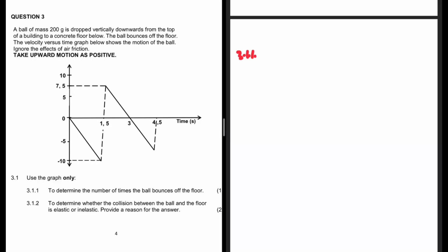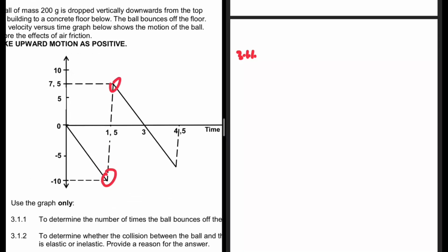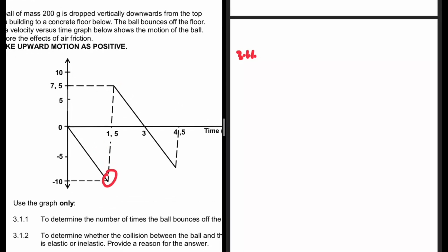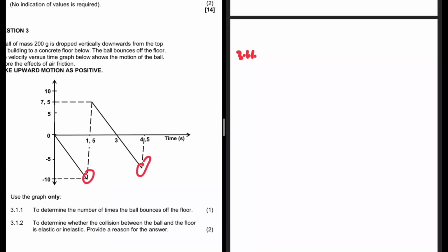So it is dropped vertically downwards. It seems like this is where it strikes the ground, right? And then obviously we can see now that the velocity becomes positive as it is going up. And then it strikes the ground one more time. Okay, so what is the question saying? To determine the number of times the ball bounces off.